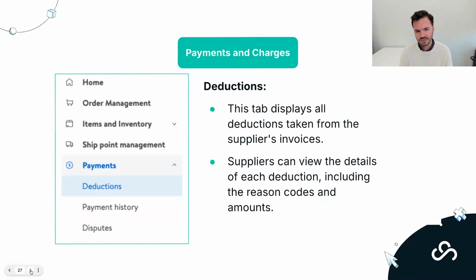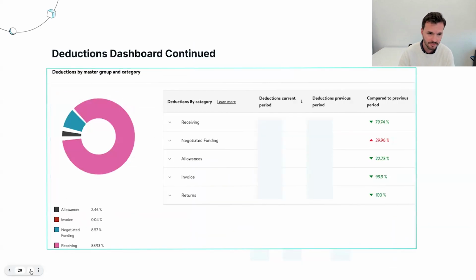Okay, payments and charges. This is a super important tab. This is the APDP functionality. So a lot of people are still using APDP. I don't know if this is exactly completely up to date with everything that you can do in APDP. Something like mass dispute creation. I think maybe we'll cover this on later slides, and I'm forgetting.